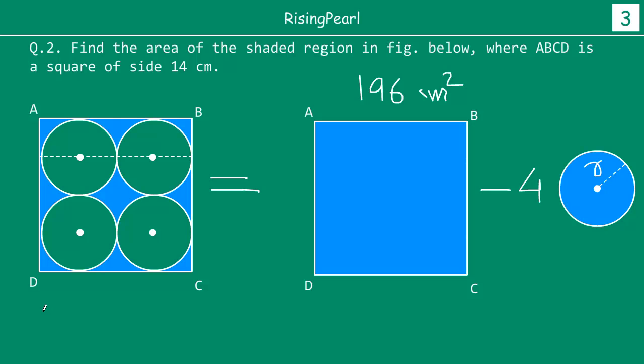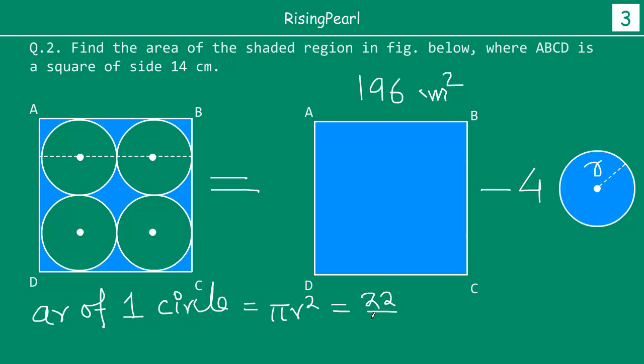Now the area of one circle is equal to pi r square. Pi is 22 by 7 times r square. R is 7 by 2 times 7 by 2.